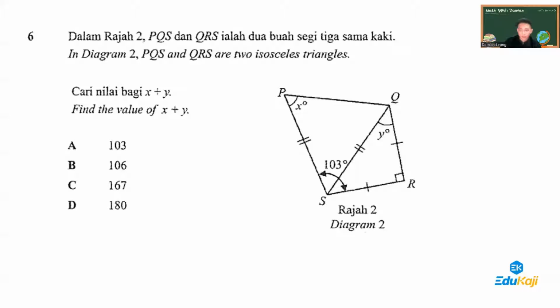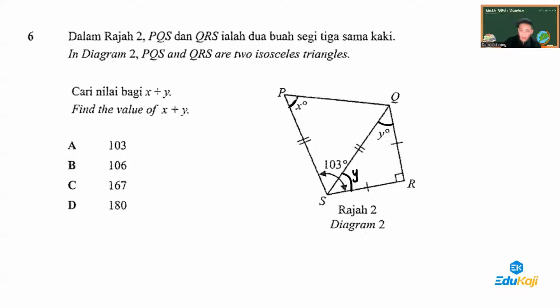Question 6. I have 2 isosceles triangles here. I want to find x plus y. If here is y, here would also be y because of the isosceles triangle.